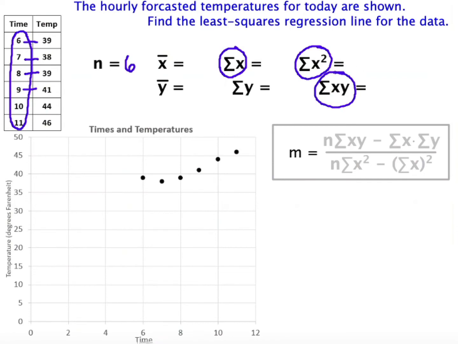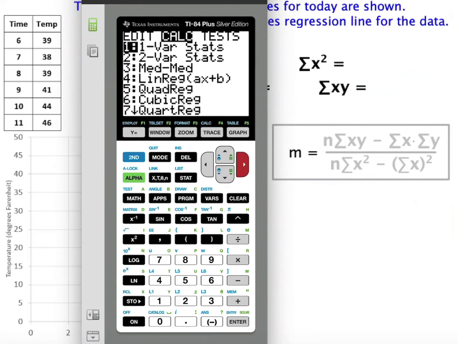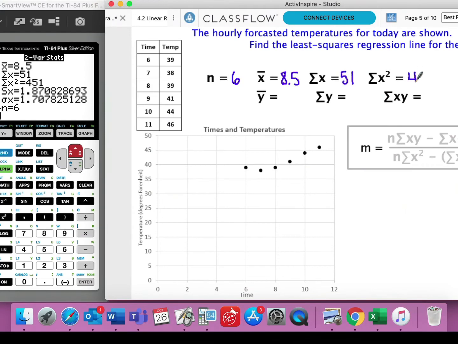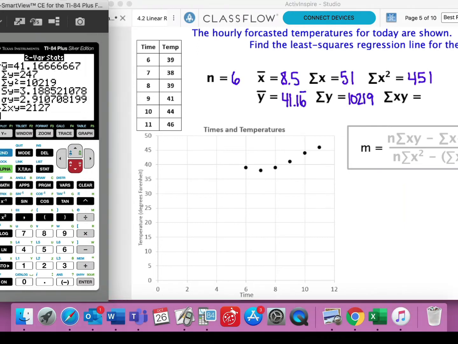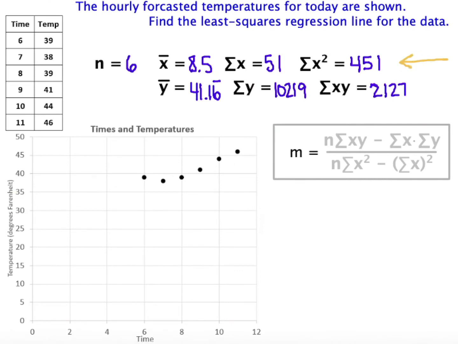But I will allow you to use your calculator if you would like to take that shortcut. Once you've calculated all of those values for the times and for the temperatures, and then time times temperature, we have this fancy formula for how to find the slope of the least squares regression line.